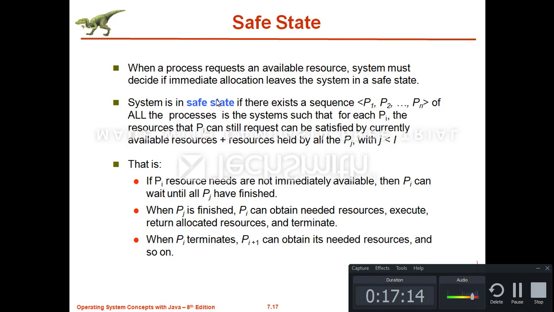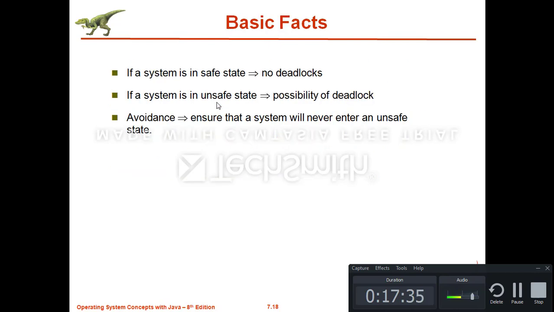Then which one will we choose? Definitely we will choose the first one. Then how to decide this safe state? We will see with the help of algorithms later. Safe state is nothing but choosing the sequence of process execution in such a way that the possibility of deadlock should be less. So that is what we call a safe state.